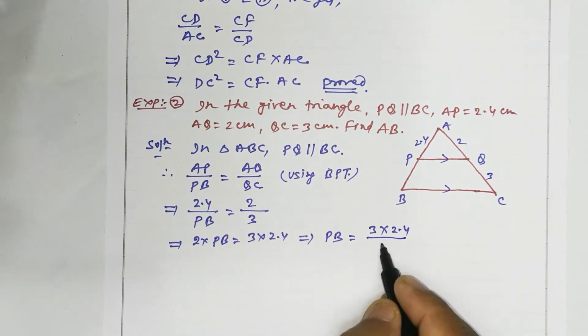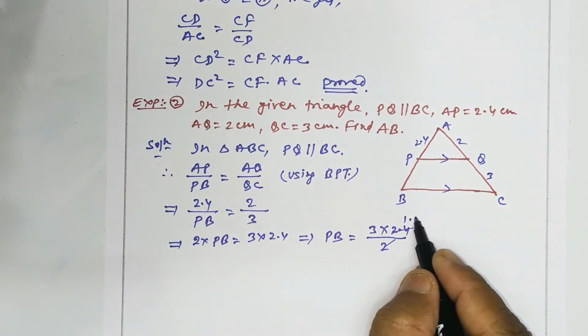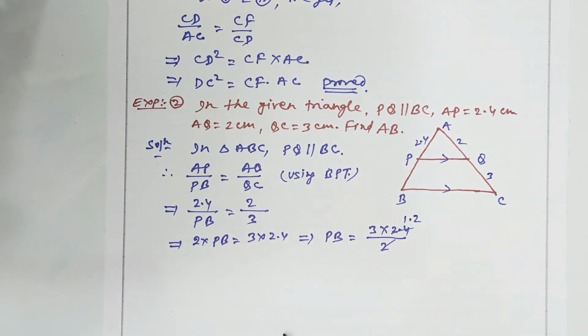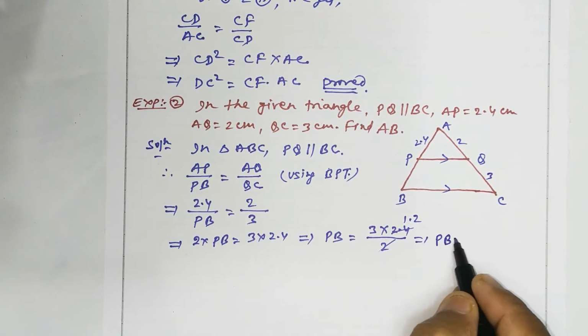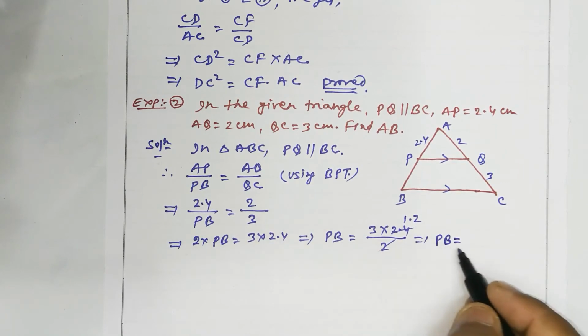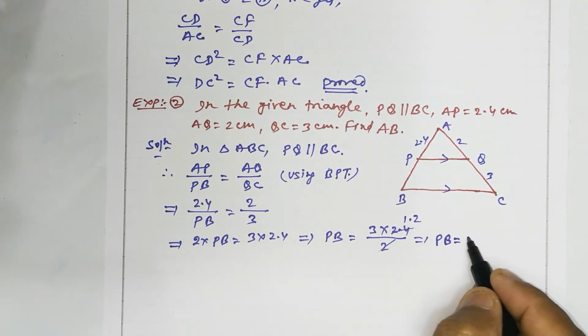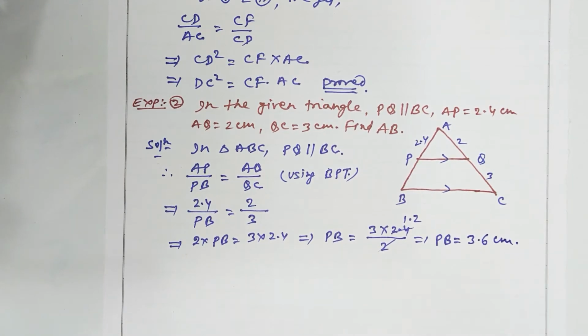The 2 cancels with the 4, giving 1.2. So PB will be equal to 3.6 centimeter.